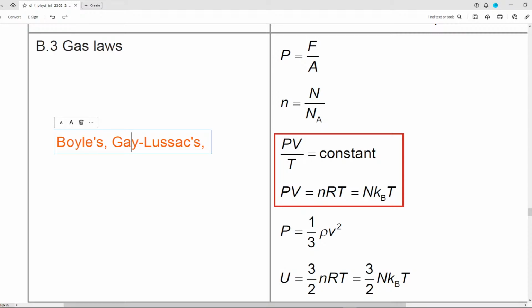Boyle's, Gay-Lussac's, Charles's. There we go. Charles's law. I blanked out.